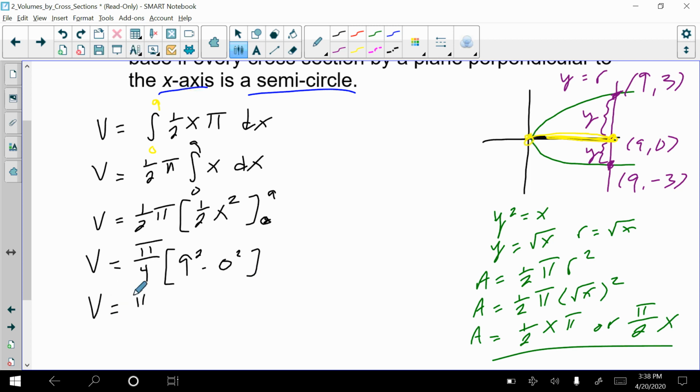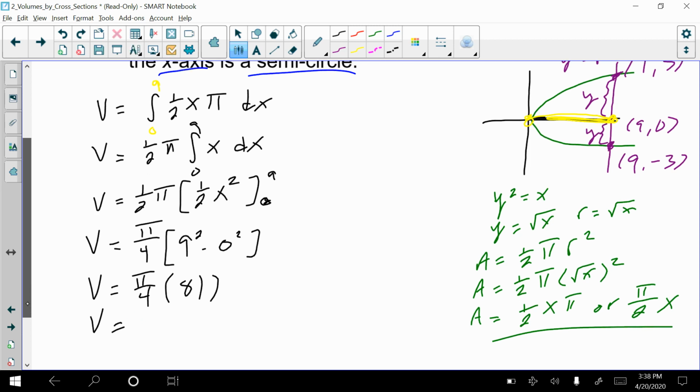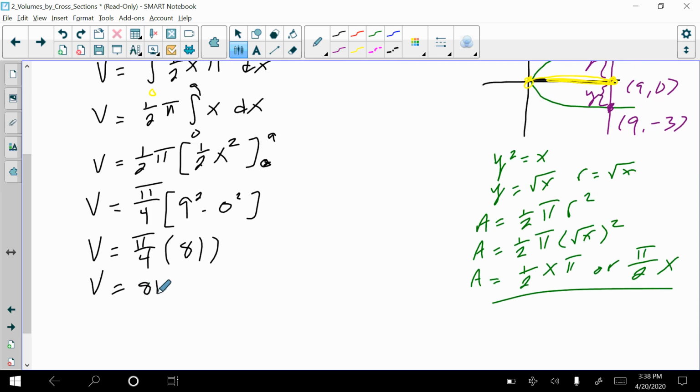So we're going to say pi over 4 times 81. In this case, 81 over 4 doesn't simplify, so that would just be 81 pi over 4 for our volume.